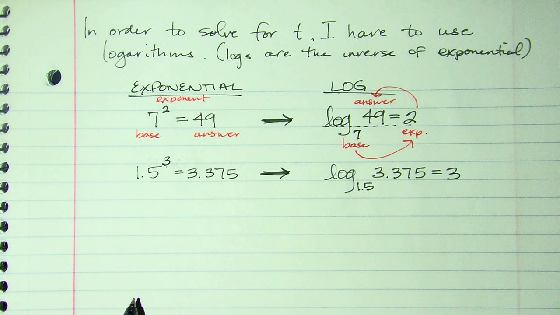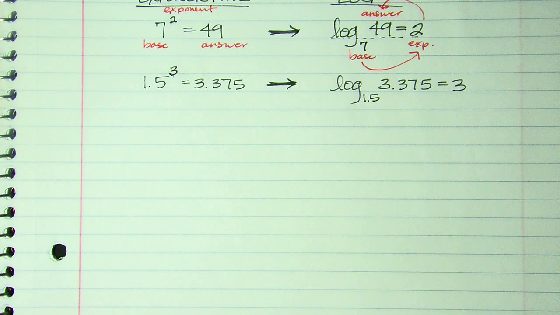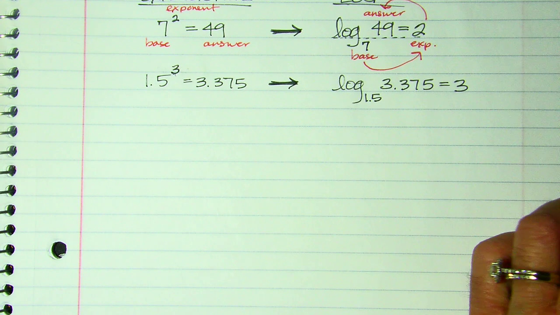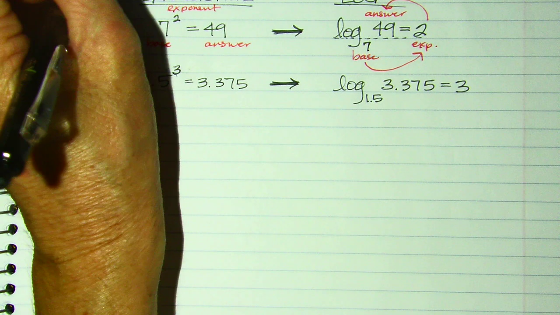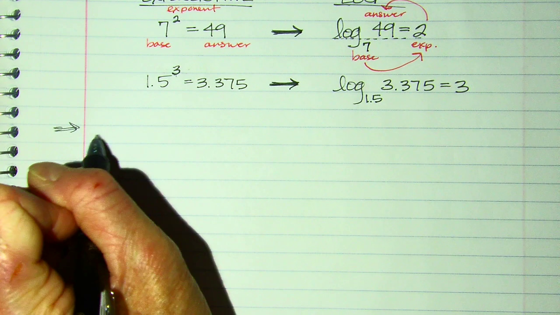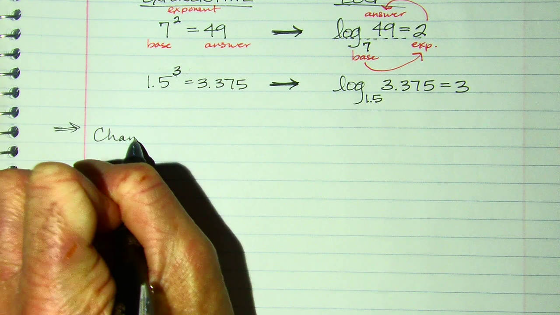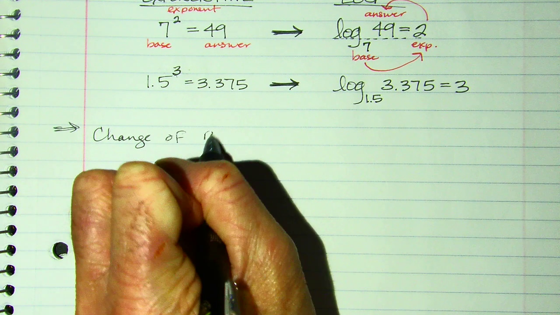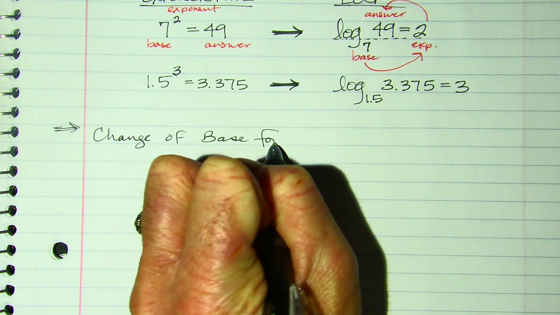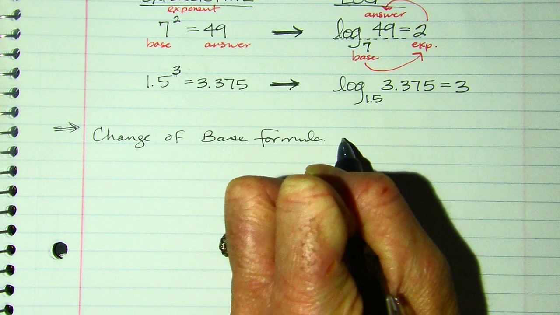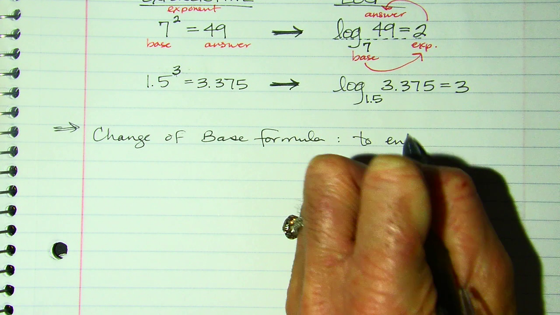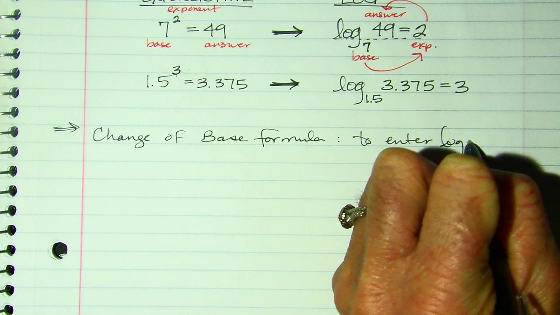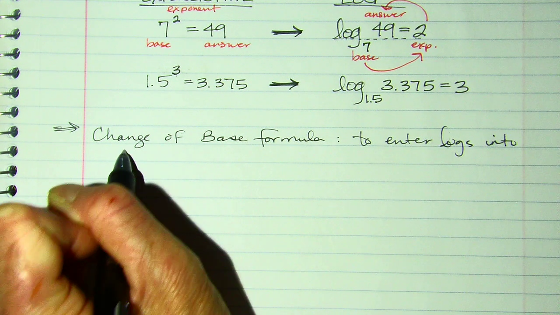for time. So a couple things before I go over how to enter this in a calculator. So we're going to have to use the change of base formula to enter logs into the calculator.